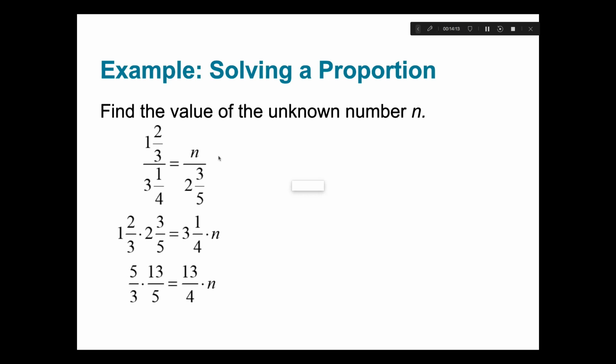Do I have anything I can cross cancel to make my multiplication easier? Yeah, let's get rid of those 5s. Ain't no reason to have them there. So now I have 13/3 here. What's my last step gonna be? Divide.